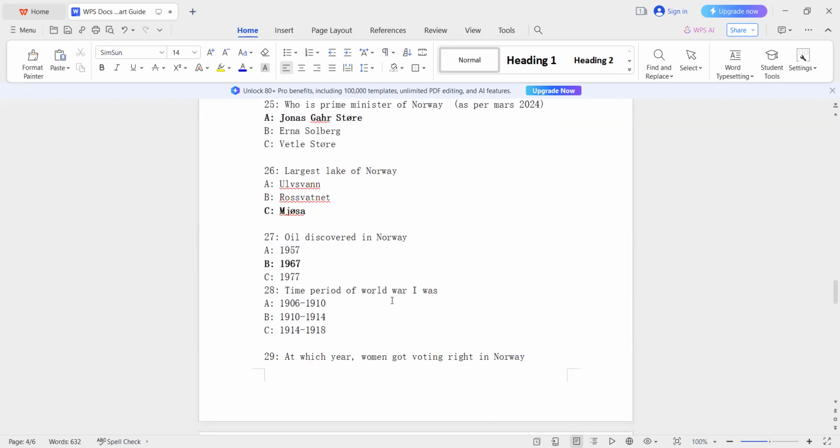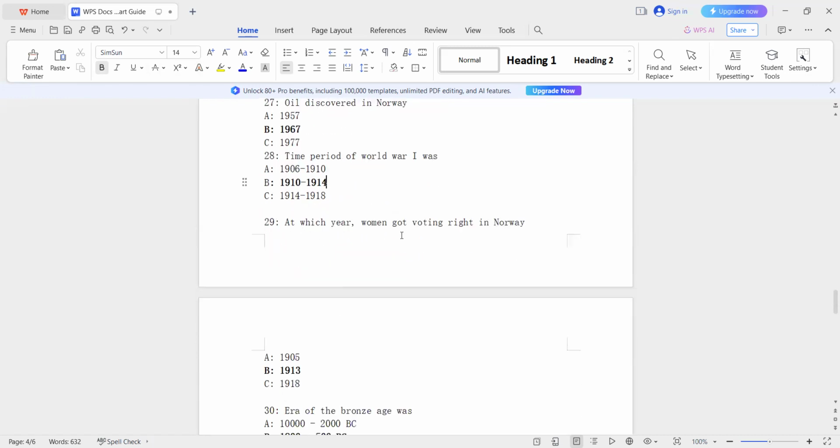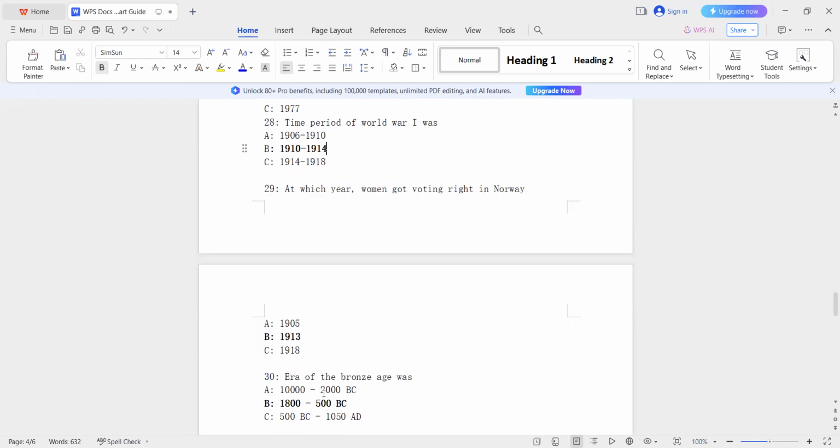The time period of World War One was, I think, 1910 to 1940. I'm a little bit confused, but I think it's 1940, but you can double check that. At which year did women get the voting right in Norway? 1913.